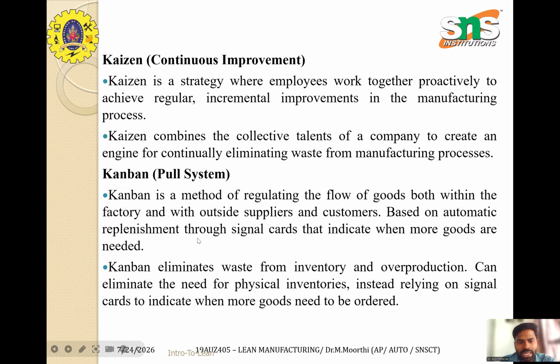Kanban eliminates waste from the industry and overproduction. By identifying the requirement from the customer, the company is really minimizing the inventory and the overall overproduction of the product in the inventory.